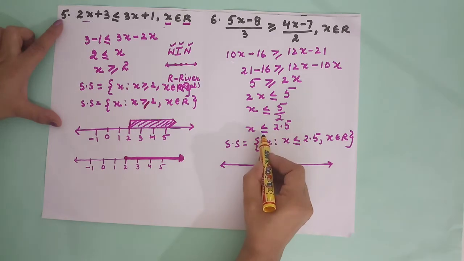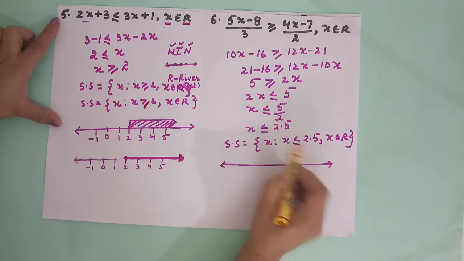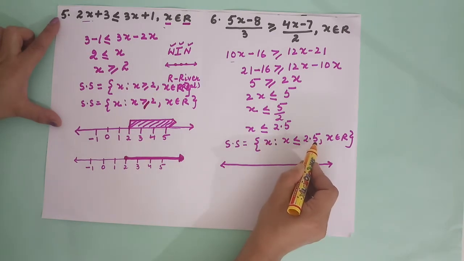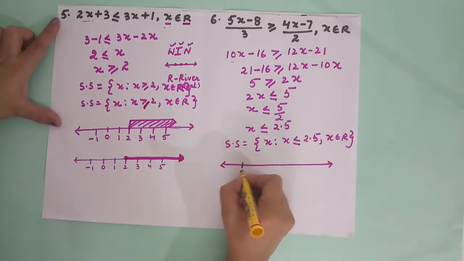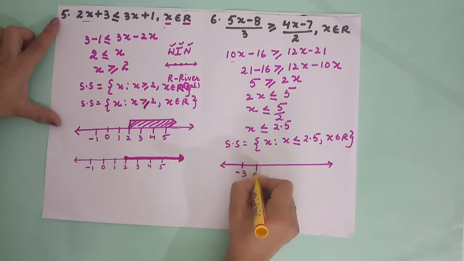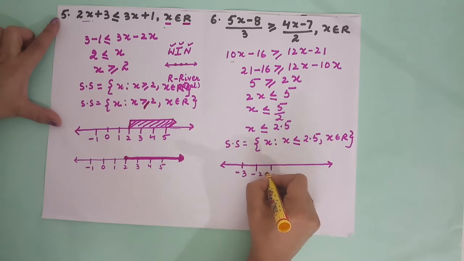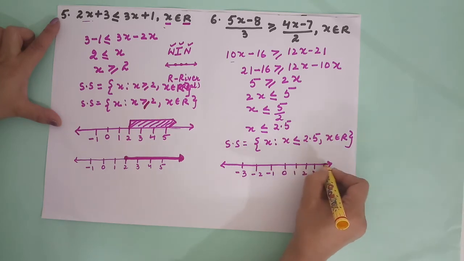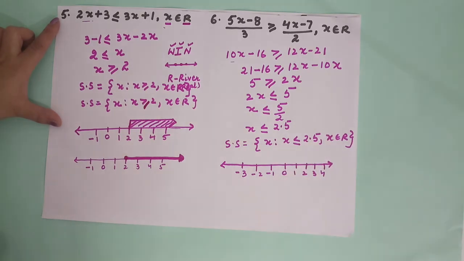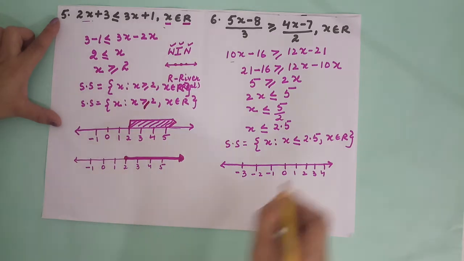Now x is less or equal to 2.5. So what does that mean? We will go to 2.5. If this is minus 3, minus 2, minus 1, 0, 1, 2, 3, 4, where exactly does our 2.5 fall?